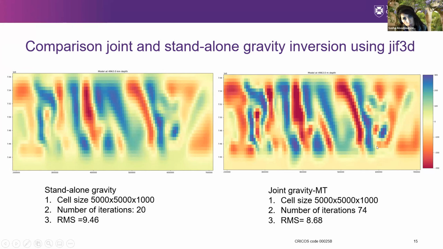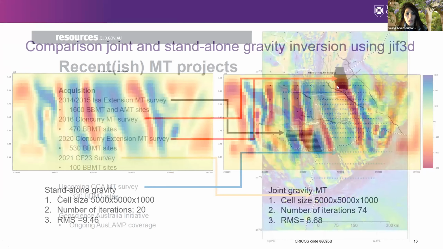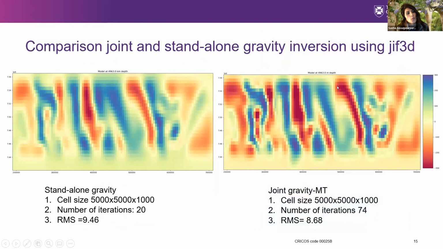This one was joint with MT, and it went much further, and the RMS was a bit better. The only thing I want to show you in this slide is that they're quite similar, but I guess it did more inversion, so there's more detail, and the color stretch is the same.